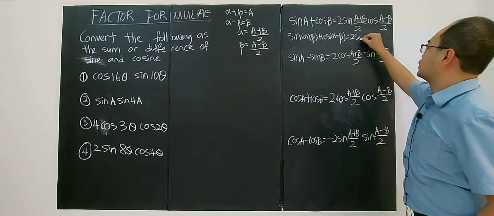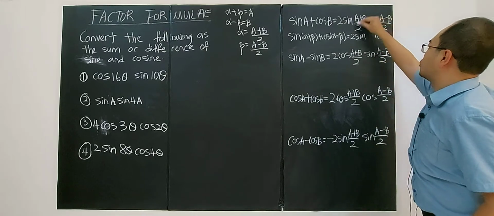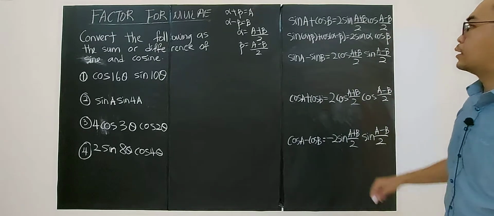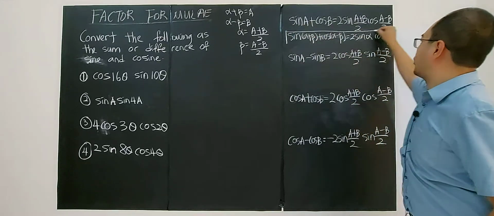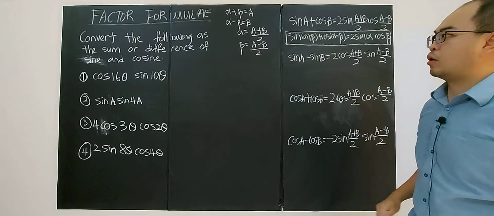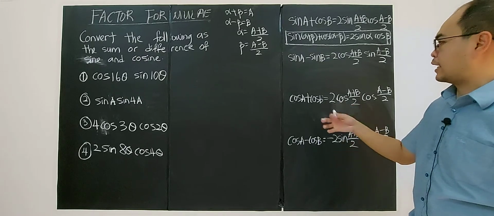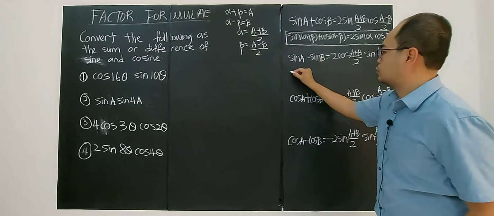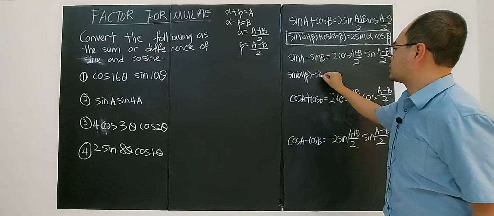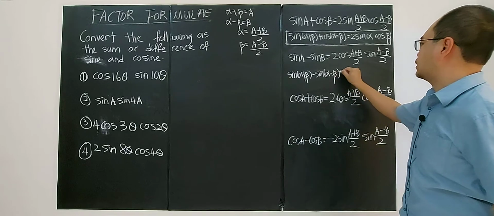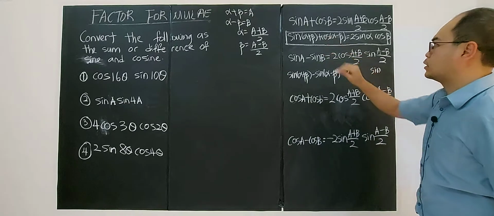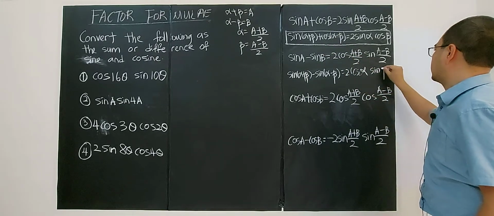A plus B over 2 can be replaced with alpha, and this one with beta. This is the formula I'm going to use when we want to convert something into an addition form or a difference of sine and cos. Also, sine alpha plus beta minus sine alpha minus beta is 2 cos alpha sine beta, where A plus B over 2 is alpha and this is your beta.